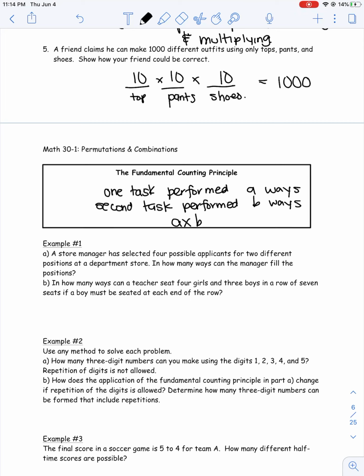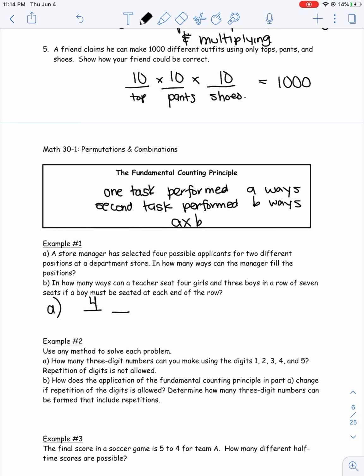So example number 1, we have four possible applicants for 2 different positions at a department store. In how many ways can a manager fill the positions? So for A, we know that there's 2 different positions in the department store, and there's 4 possible applicants. Well, that means for the first spot, we have 4 choices.